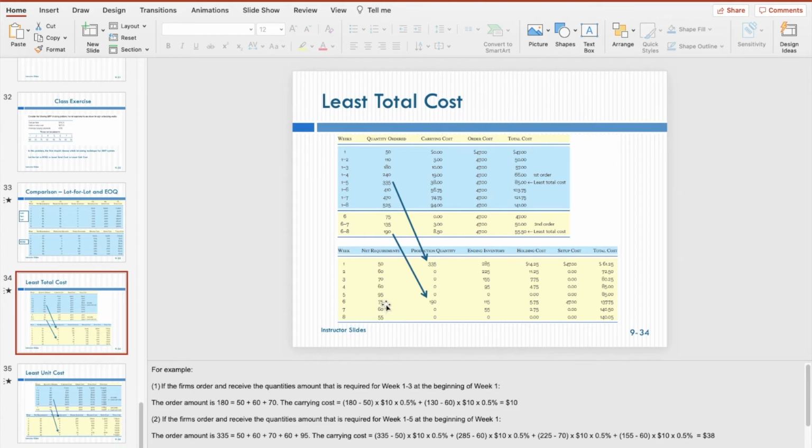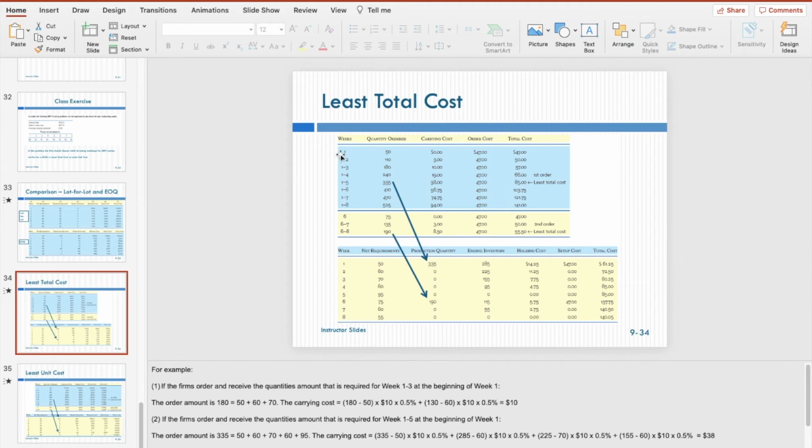Now the least total cost. The least total cost actually is a very interesting technique. Basically, this will be the corresponding table shown here. But before we can get this table, we also need to do some calculation, which is also already shown within the upper table.